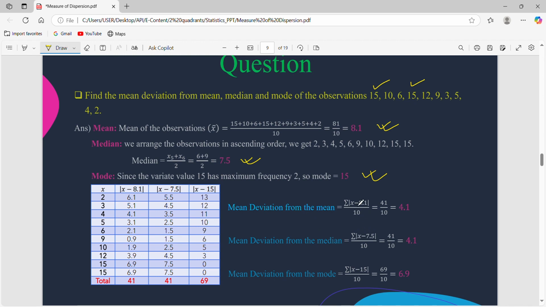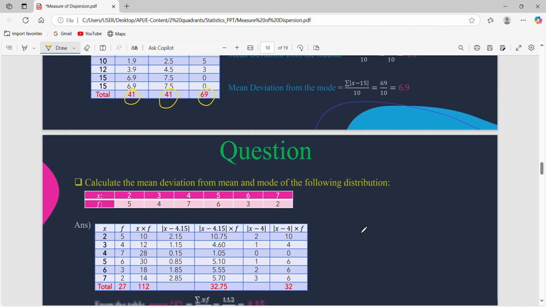Here mean equals 8.1, so summation of |x minus 8.1|; summation of |x minus median|, so x minus 7.5; summation of |x minus mode|, that is x minus 15. We need only the sum value of this, so just put the sum value and divide by 10. Why 10? Because the number of observations is 10. In this way, we can find the mean deviation from mean, from median, and from mode.